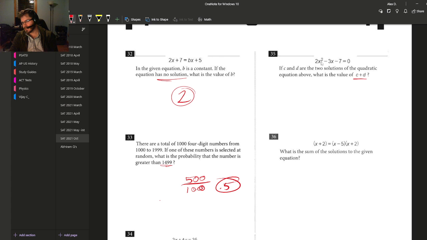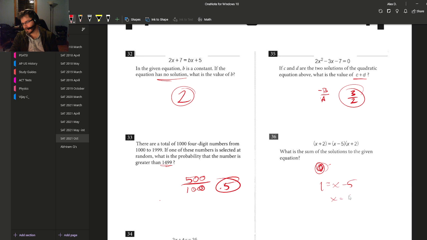So sum of solutions, hey, we mentioned this earlier, opposite of b over a, so 3/2. What is the sum of solutions to the given equation? Sum of solutions, again, interesting. So you can divide the x plus 2 off and you get 1 equals x minus 5.